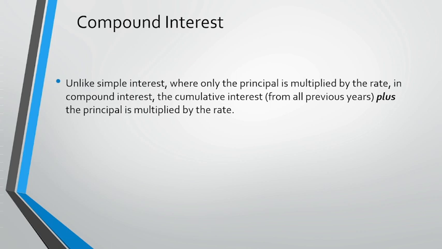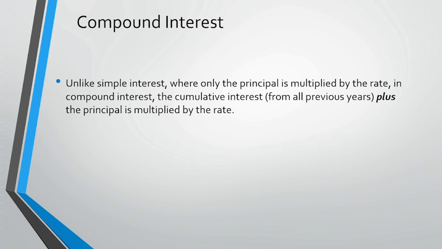But for compound interest, though the first year is always the same as simple interest, with the same principal and interest rate, of course, you would add the $100 of year one interest to the principal, $1,000. That would be $1,100, $1,000 of principal plus $100 of interest.